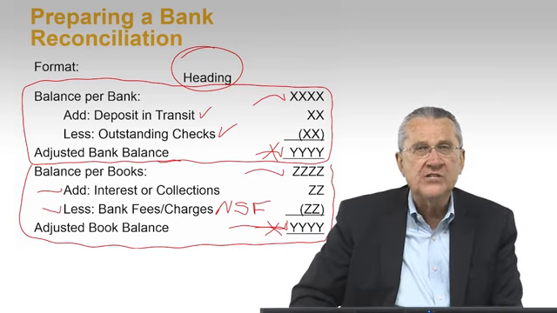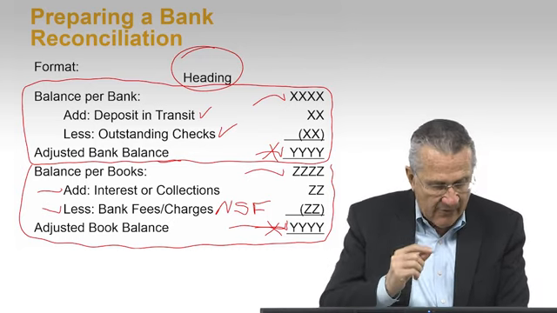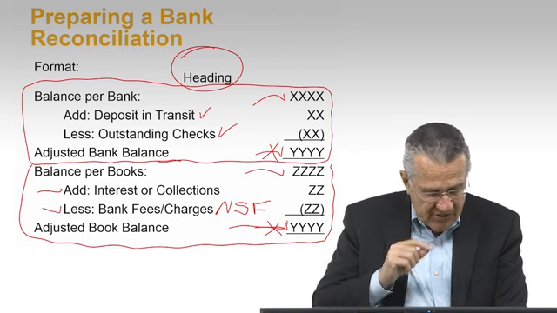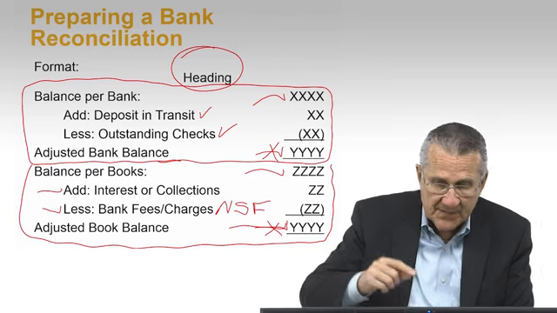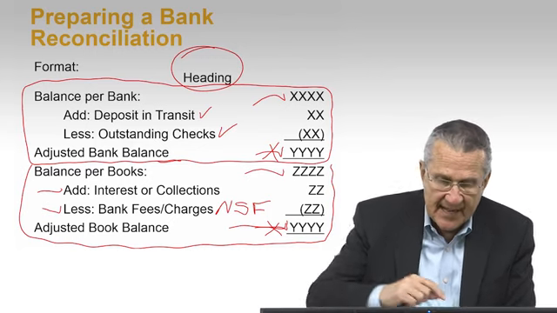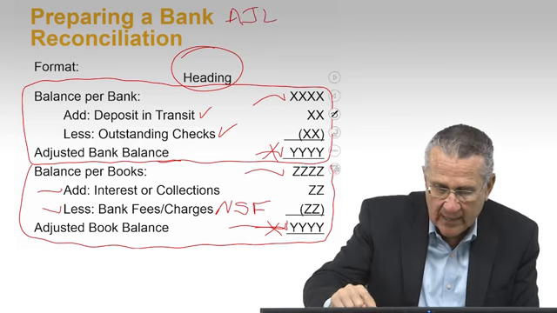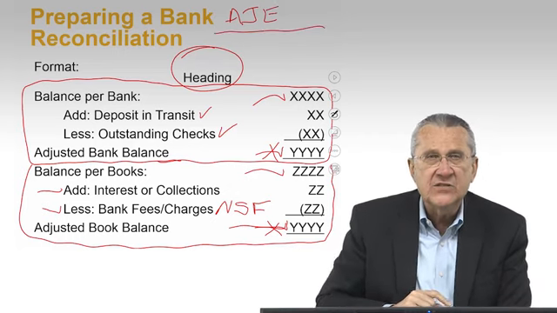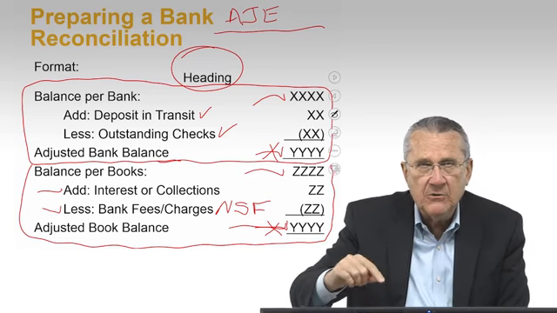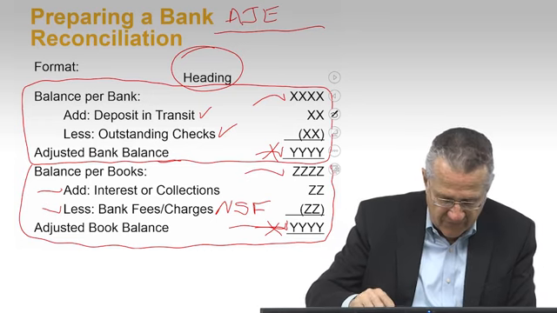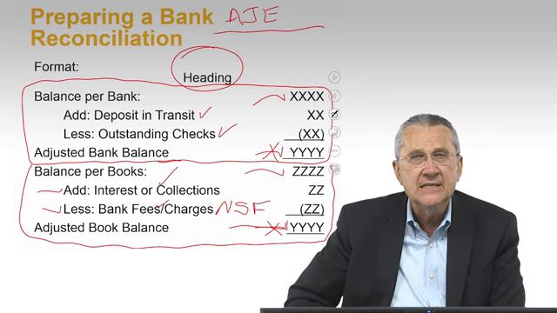Okay, one more step. Once I've done this reconciliation, then I will have identified some things that the bank knows that we don't. And that means I need to make accounting entries. And so in my adjusting journal entries, one of those adjusting journal entries should be an entry to either increase or decrease cash for these items, the things that the bank knew that we didn't.